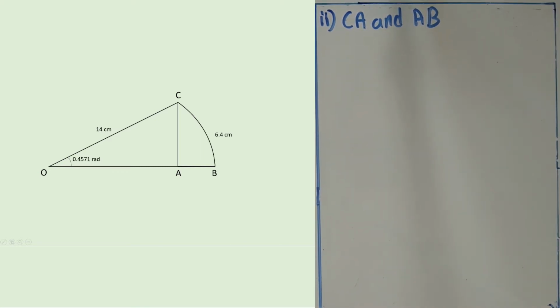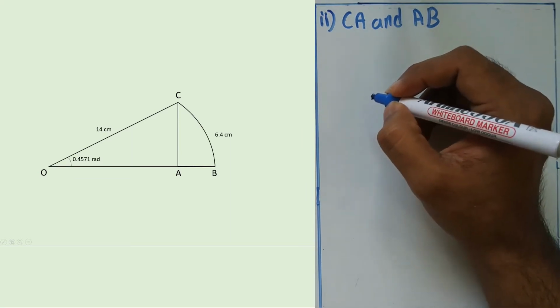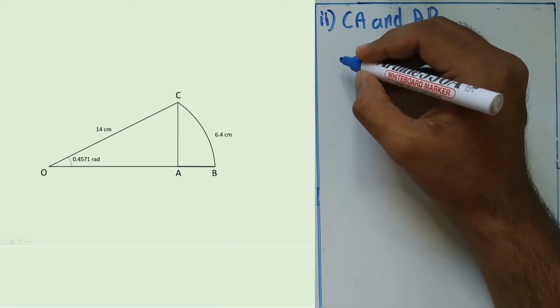The arc BC is given to us and we can ignore it for now. To get AB, we can subtract OA from OB. We get OA by using the cosine rule, as OAC is a right angle triangle. Then we solve for AB.